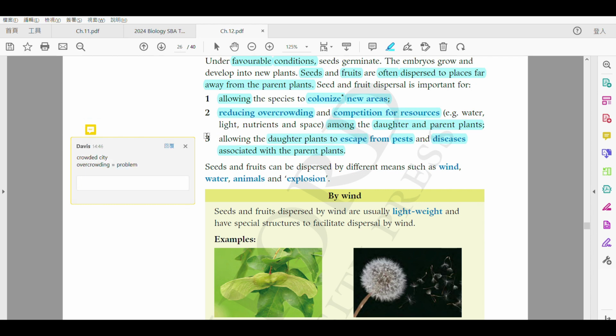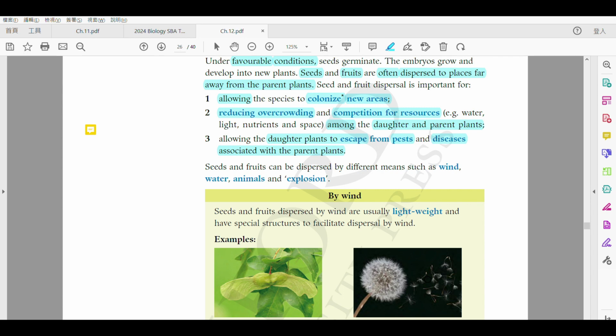So these three points are very important. Always remember them, because the exam often asks what the advantages are for the daughter plants to be dispersed far away from the parent plants.